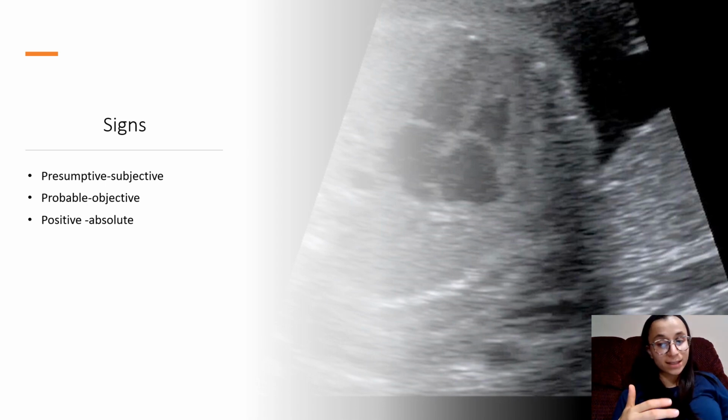Then we have the Braxton Hicks, like we said before, the painless contractions that are not consistent. Positive pregnancy test. And ballottement, which is basically when you use a finger to push down on the uterus to see if the baby moves back and forth to you.